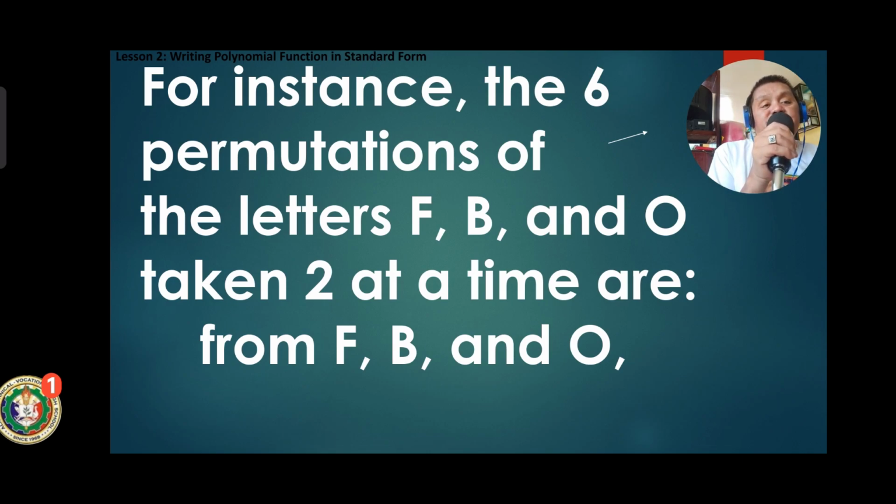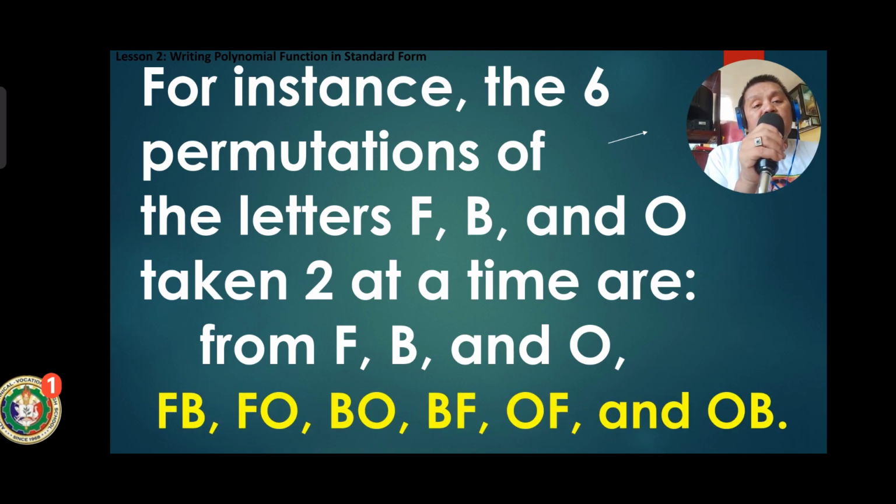For instance, the 6 permutations of the letters F, B, and O taken 2 at a time are, from the 3 letters F, B, and O, we have FB, FO, BO, BF, OF, and OB. So these are pairs of the letters from the 3 given letters.